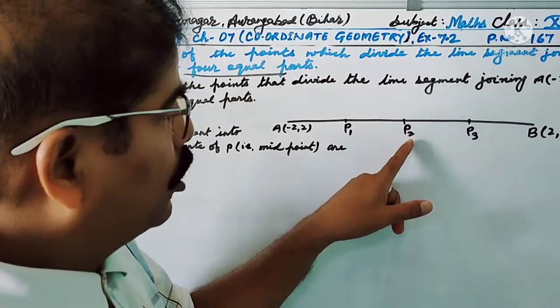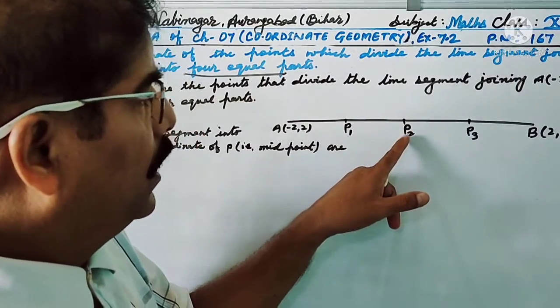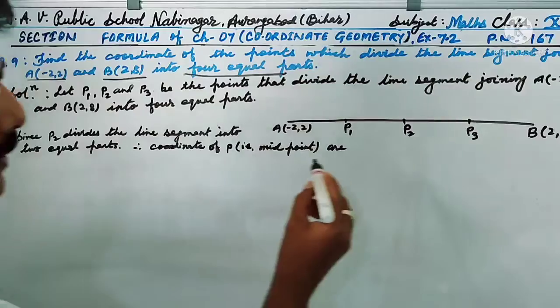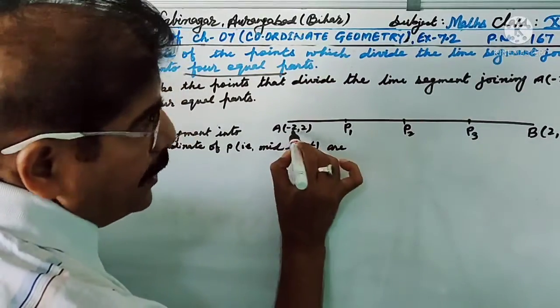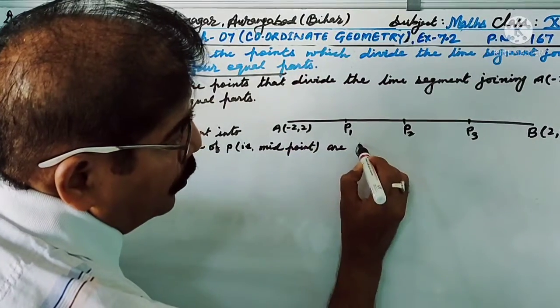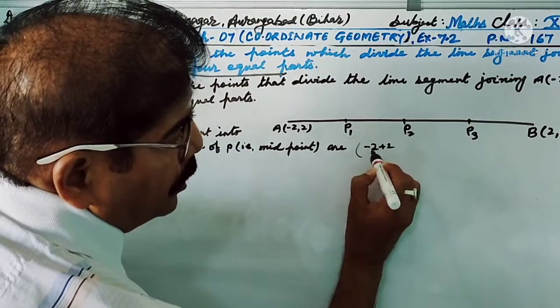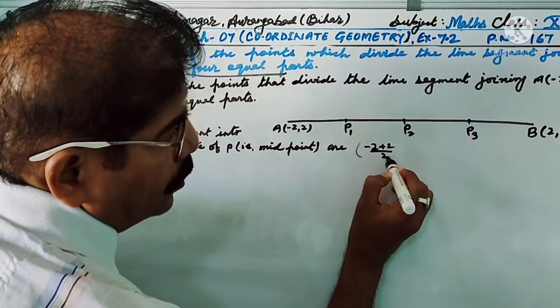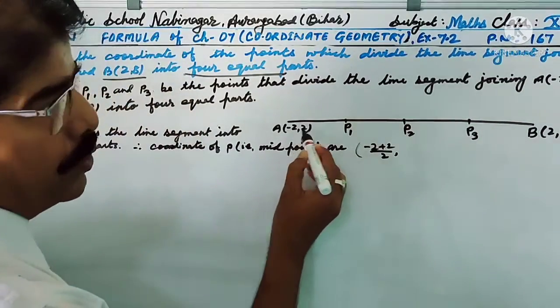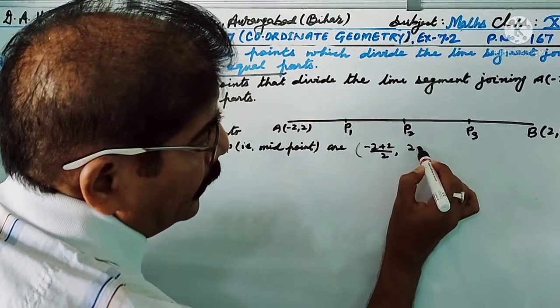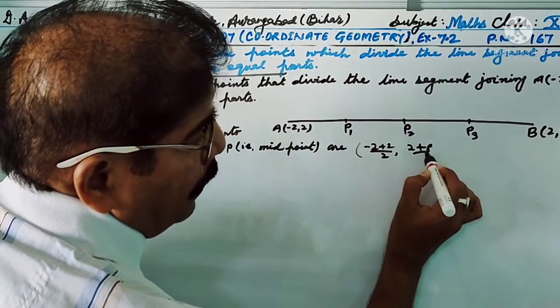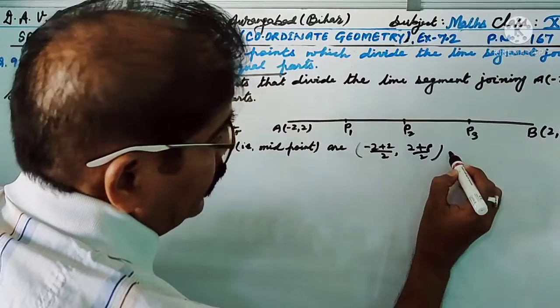So the coordinate of point P2 is ((-2 + 2)/2, (2 + 8)/2).